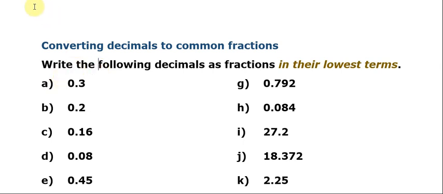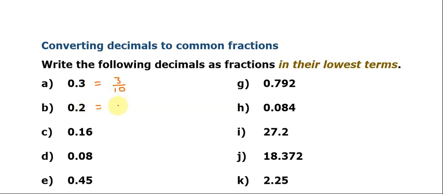So for A, we have 0.3. Now, we did that one already. So to write that as a common fraction, we would have 3 over 10. Now, can that be reduced any further? No, it's in its lowest terms. And how about B? We have 0.2.